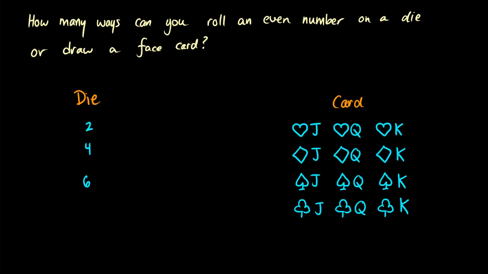So, if we go back to that original example, we could say how many ways can you roll an even number on a die or draw a face card? In which case, we have our task A, which is rolling an even number. So there are 3 ways to do that. Then we have our task B, which is to pick a face card from the deck. And there are 12 ways of doing that.